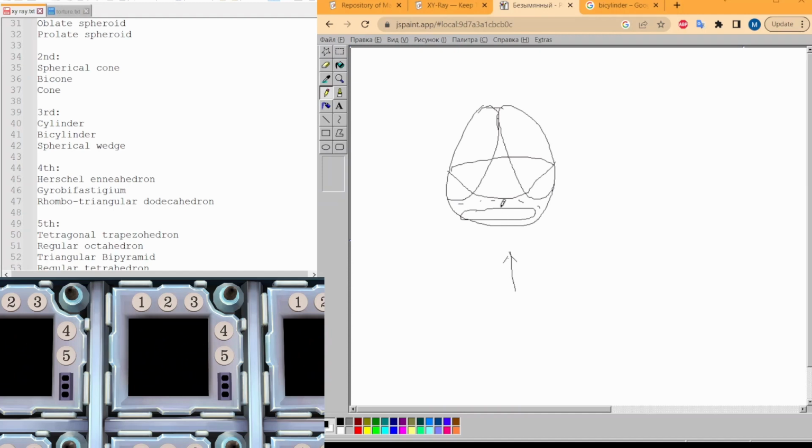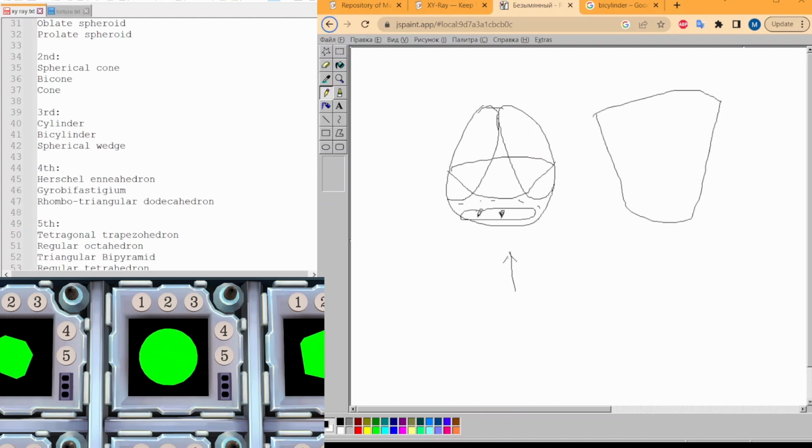Depending on how close the scanner is to the bottom pole, the lines will be angled. If these lines are parallel, that means the scanner came from the very bottom. And if they're angled, that means it was not from the bottom.